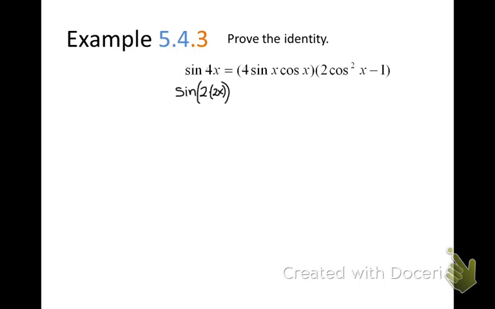Then we apply our double angle formula. For the sine, you only have one option. What is your formula for this? What will you get? 2 sine of 2x, good, times the cosine of 2x. Yep.